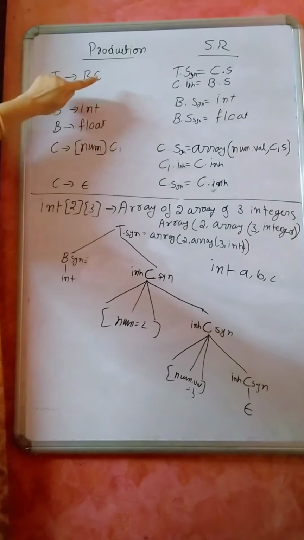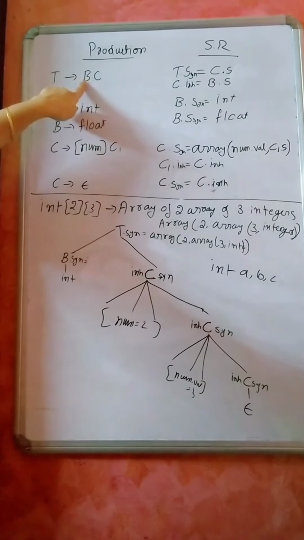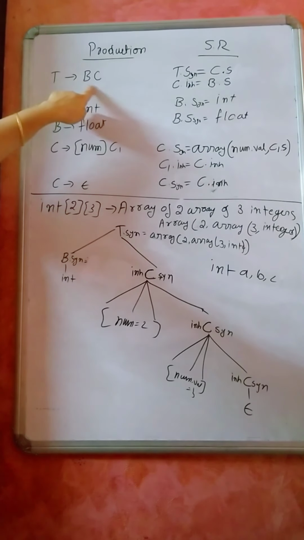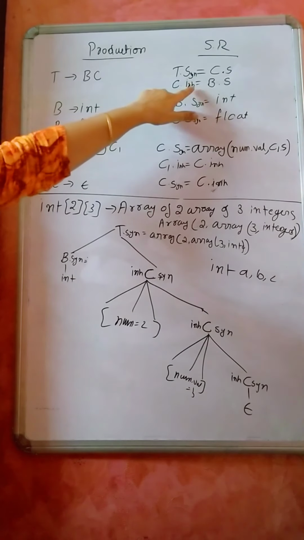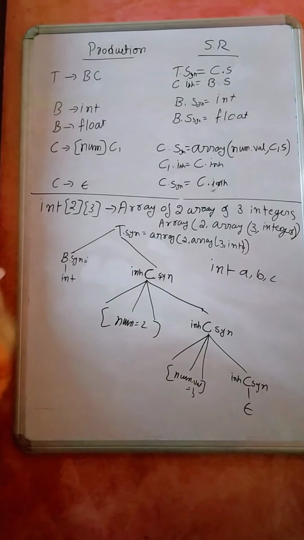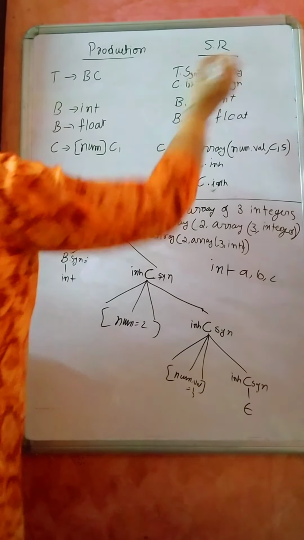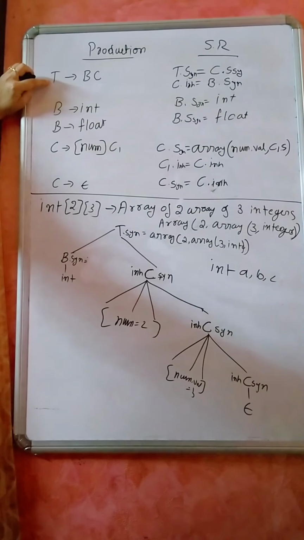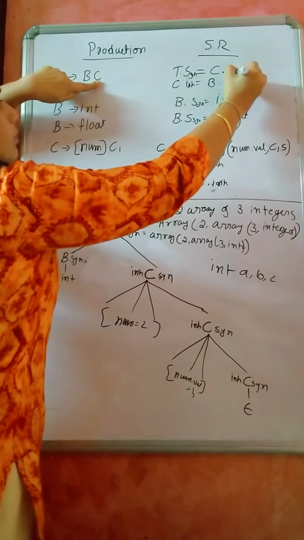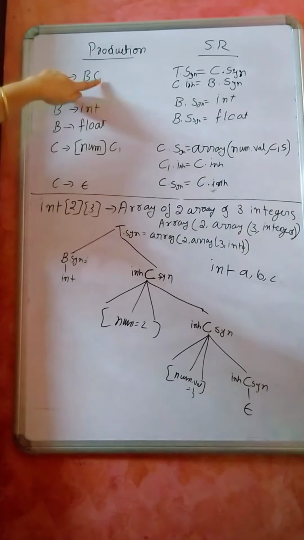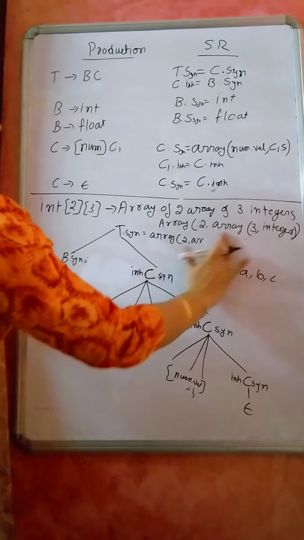And here C dot inherited is inheriting this type, that is integer or float, from this one. So C dot inherited is nothing but the B dot synthesis value. And what is my T dot synthesis value? It is nothing but the C dot synthesis value. How will I get it? I'll explain that one.